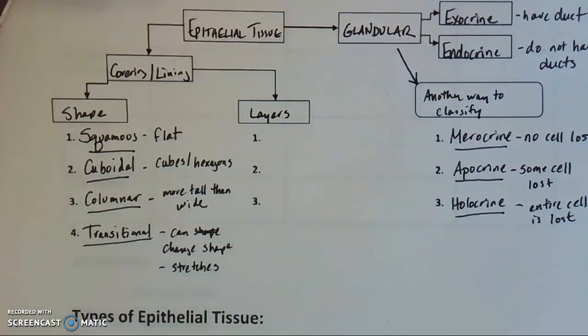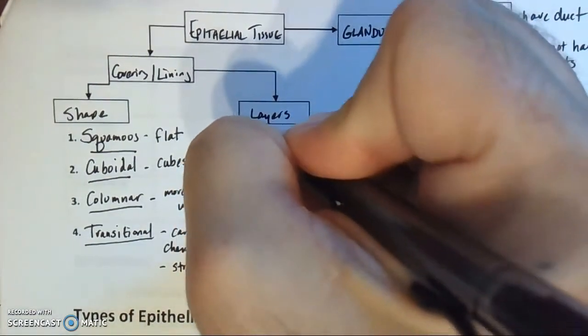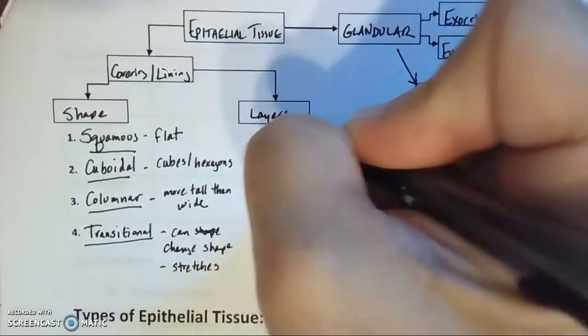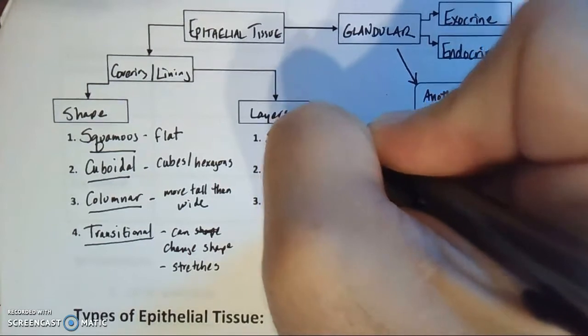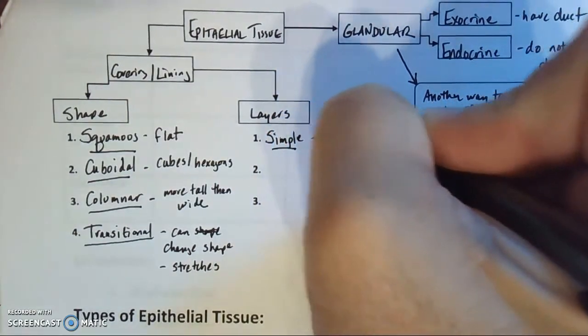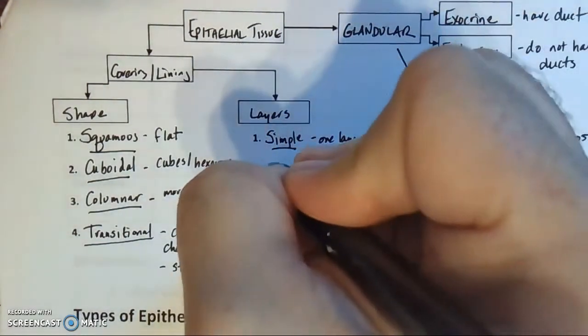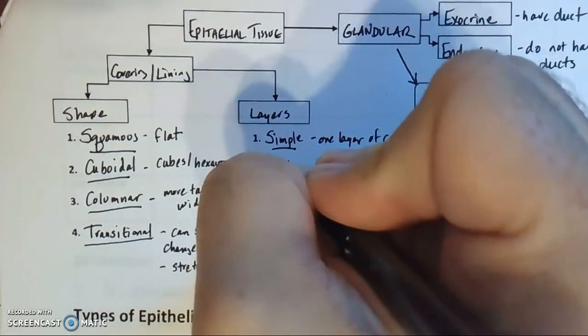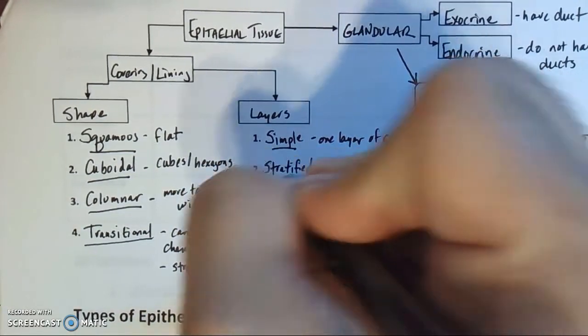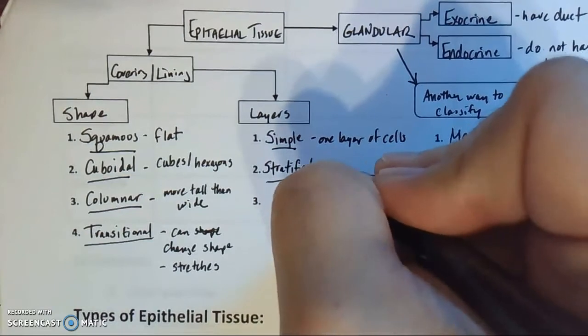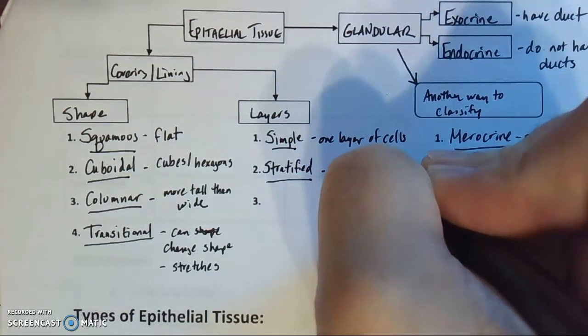Then we add on the second part, which is, does it form more than one layer? So it can either be simple, which is one layer of cells. It can be stratified, which is two or more cell layers.